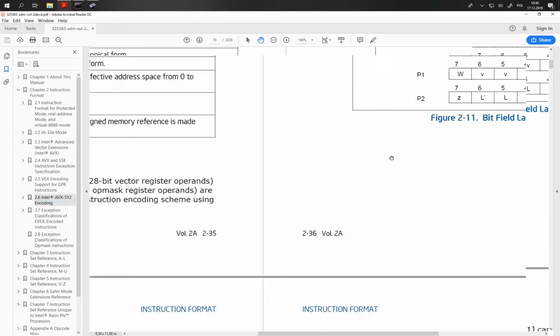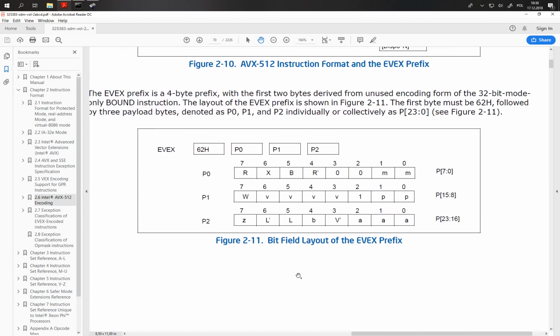Wait, I'm lost. Where was my EVEX? Here. As you can see, there is just a set bit 1 here.